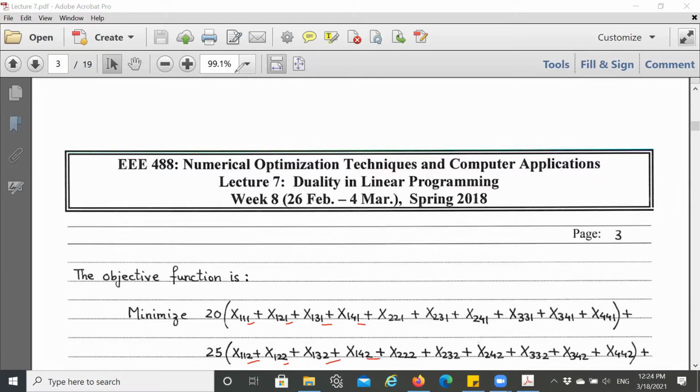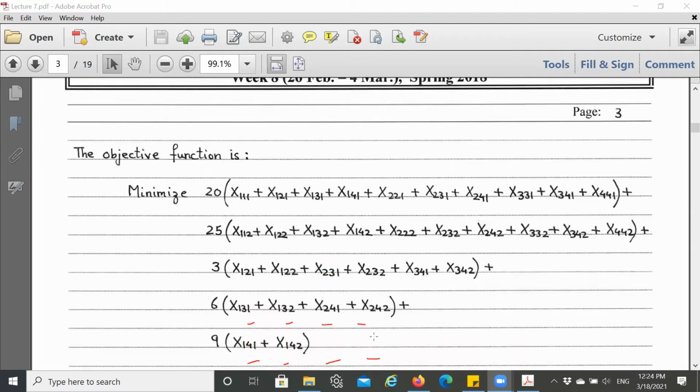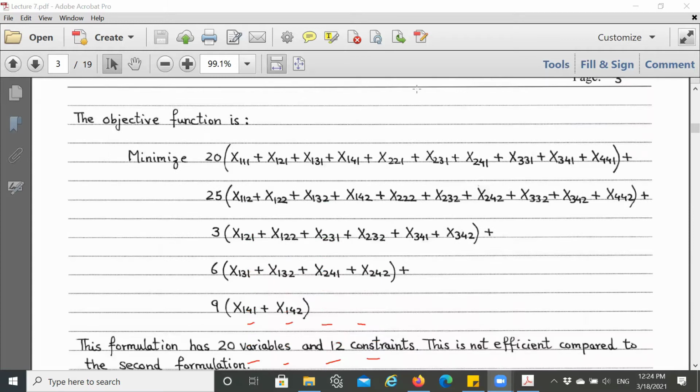Okay, and what else is there? Let me clear this. And 3 is the amount you carry over to store for the next coming months. Okay, so I can produce in month 1 and I can store it for month 2, using either regular or overtime, doesn't matter. Or I can produce in month 2 and store it for month 3.